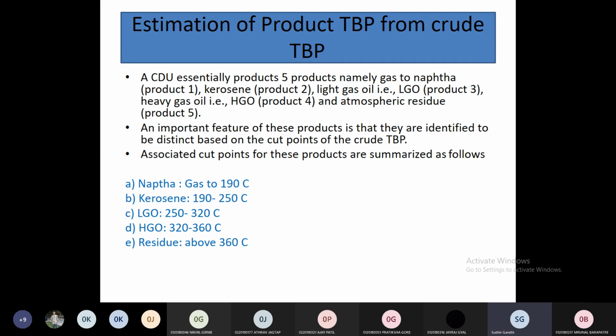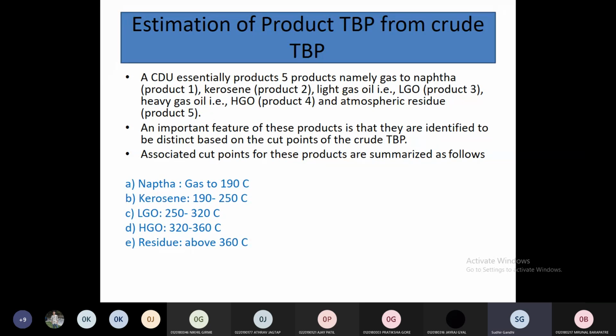It is ignored in true boiling point distillation, and for gases also it is not widely done. So we will start our mixture itself with naphtha to a residue. In the product distribution there will be 5 products we consider: naphtha as the first product, kerosene, LGO, HGO, residue.